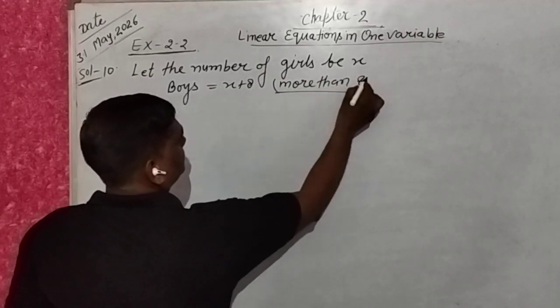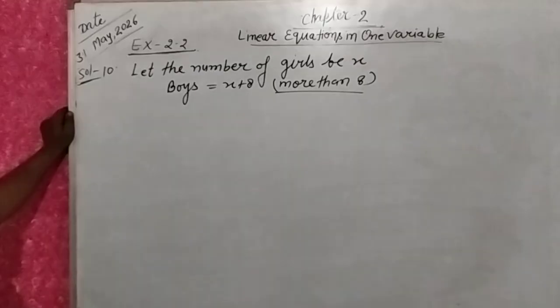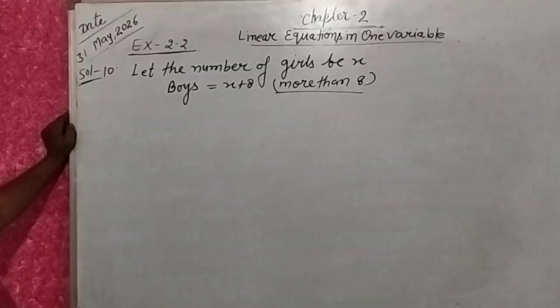Okay, first of all, we write here, we suppose the number of girls is x and the number of boys is x plus 8.